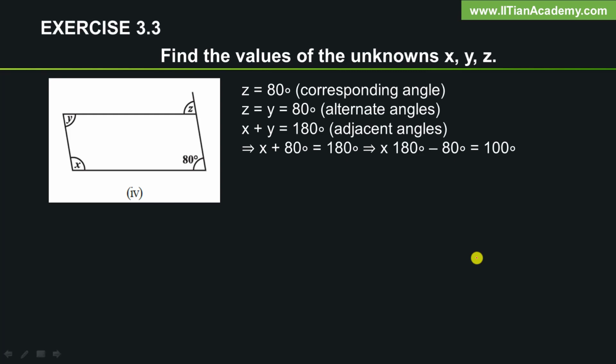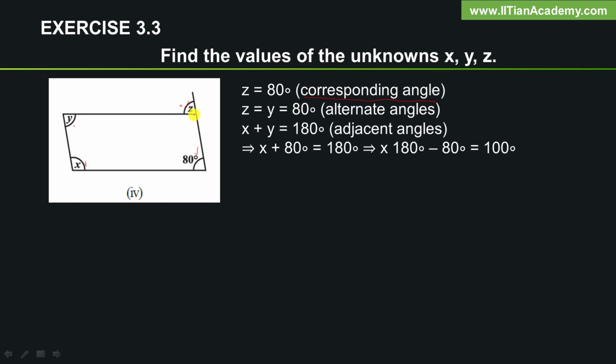Question 2d. Here, knowledge of parallelogram and its diagonals properties are used. In this question, we have to find x, y, and z. Here we can see z equals 80, as this and this angle are corresponding angles.